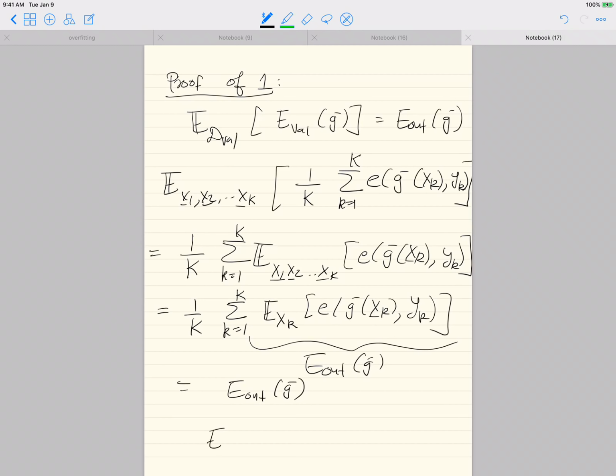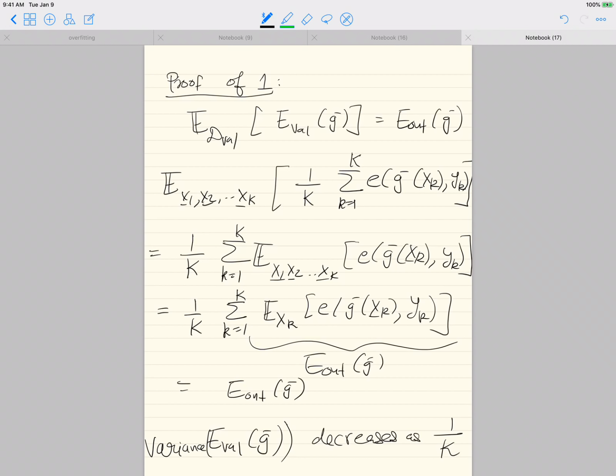So E val is random, but if you look at the variance, then the variance of this quantity decreases as 1 over k. You can also show that if you add more and more points in the validation set, the fluctuation of E val around the test error will become smaller and smaller.